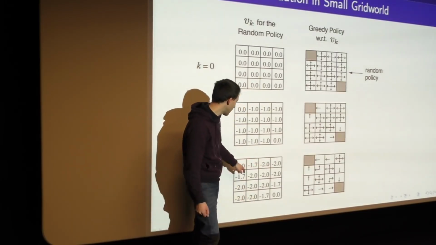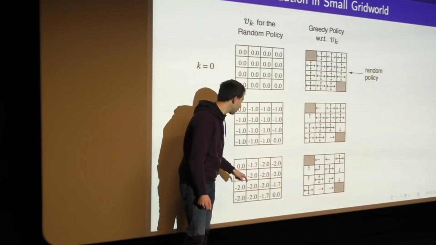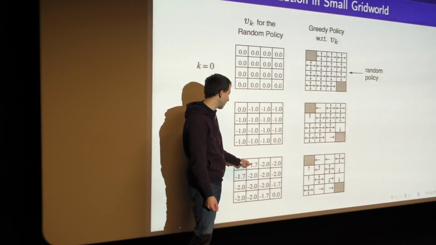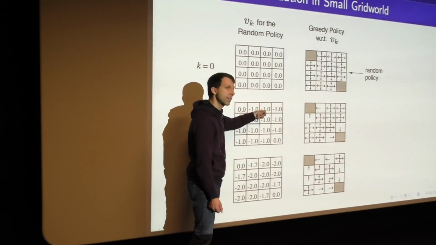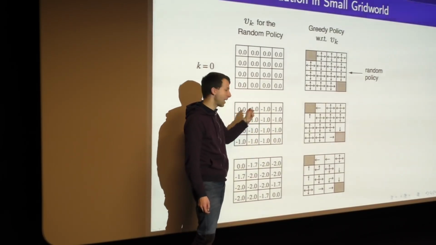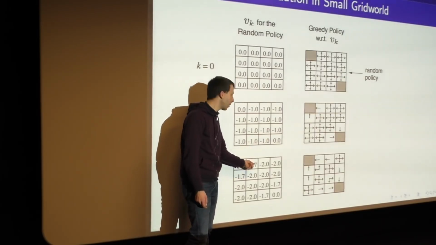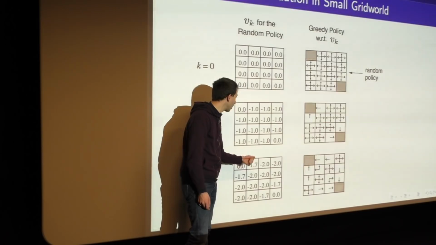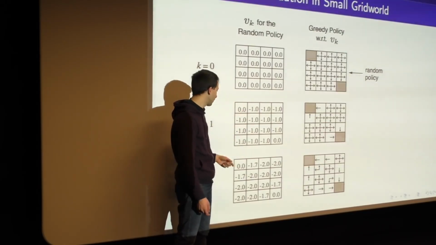However, if I consider, say, this state here, now I could go north, east, or south, and for each of those cases I'm going to estimate the same thing. If I go east, I'm going to see -1 minus another 1 for where I end up, so -1 for the step, and then -1 for my previous estimate of the value. If I go north, remember that I end up just sticking where I was, so it's the same thing, -1 for taking that step, and then I estimate the value of where I ended up to be -1, so -2 again.